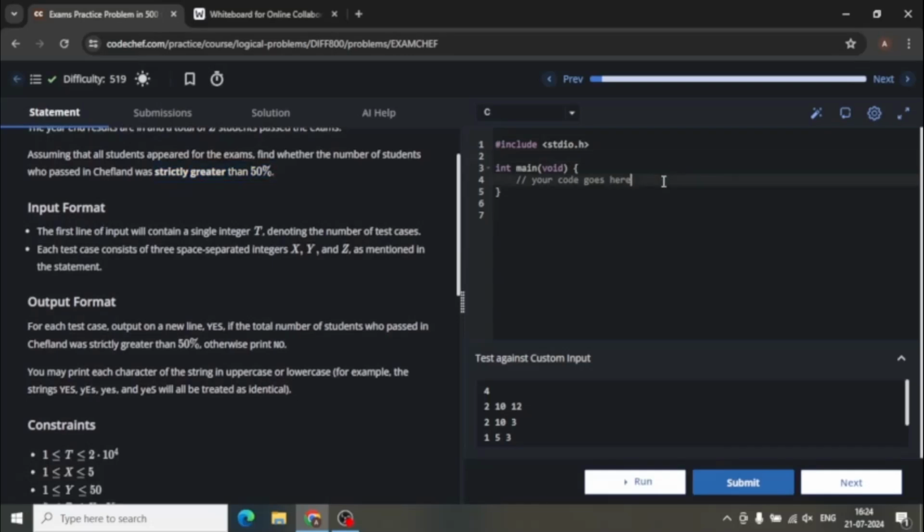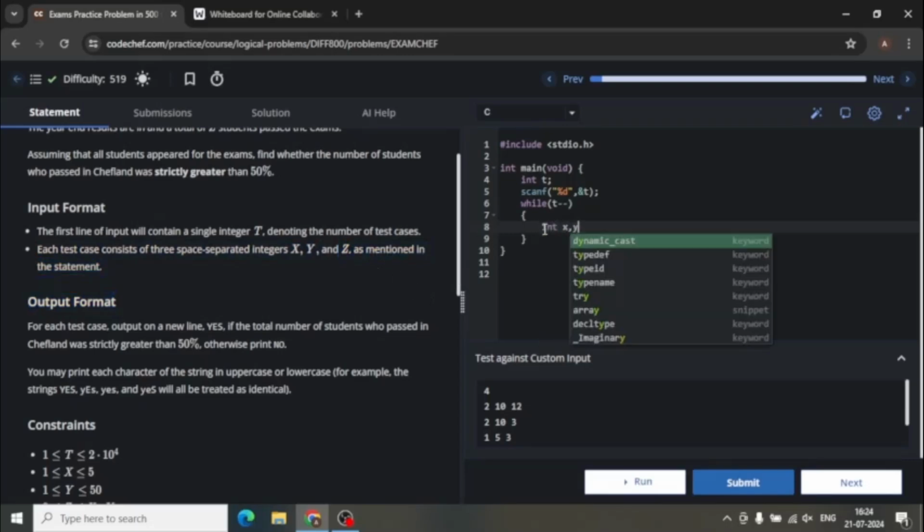The first line of input contains a single integer t, which is again number of test cases. X, that is number of schools, Y, that is number of students in each school, Z, that is number of students who passed the exam, is given as input.